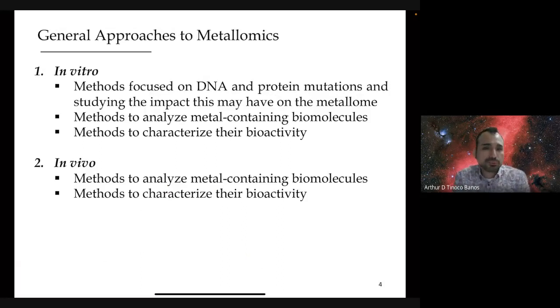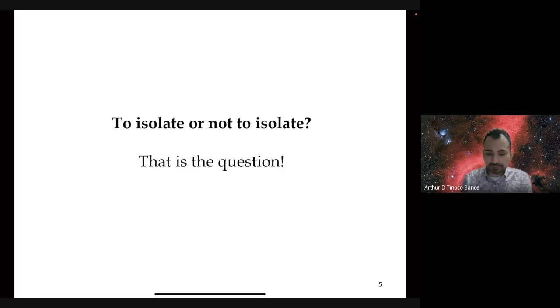So how does one approach the study of the metallome? In vitro, there are a number of tools that people use. Methods focus on DNA and protein mutations, so genetic mutations, and studying the impact this may have on the metallome, methods to analyze metal-containing biomolecules, and methods to characterize their bioactivity. In vivo, which can be very challenging, there are methods to analyze metal-containing biomolecules and methods to also characterize their bioactivity.